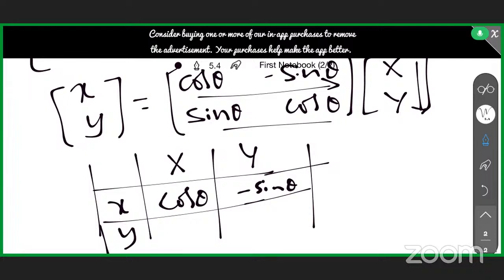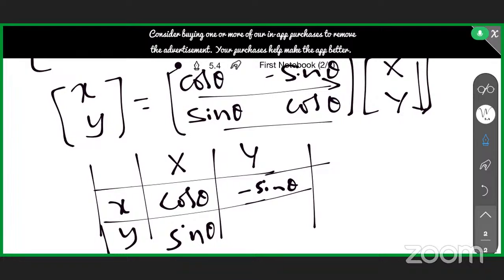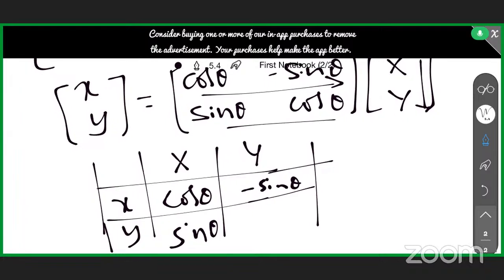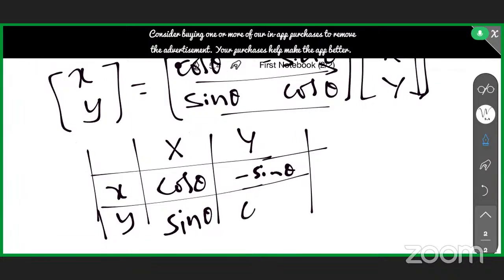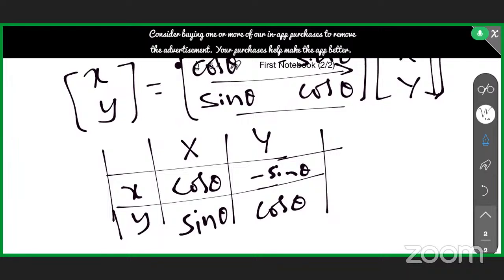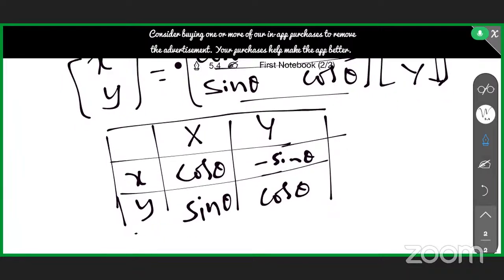Next, you go to the second row: X into sin theta, cos theta, plus y into cos theta. So using the concept of matrix, I have written a table. This table will help us write the equation. So using the matrix method, I wrote my transformation table. This is the transformation table when I rotate the axes by an angle theta in anti-clockwise direction.